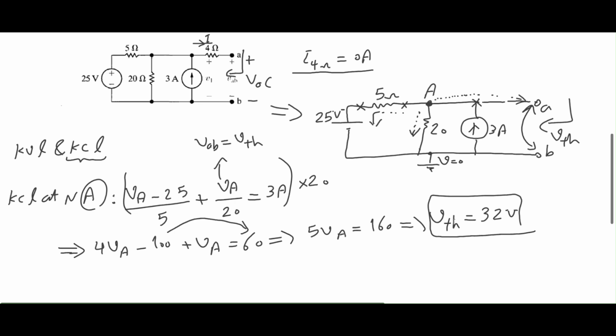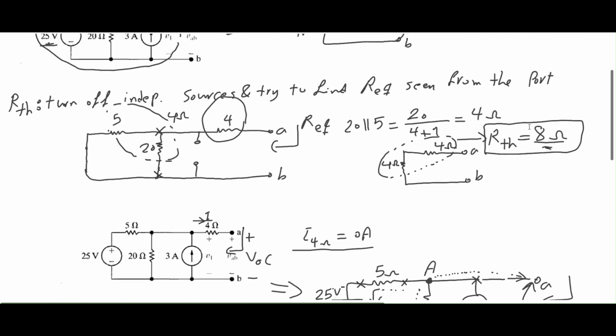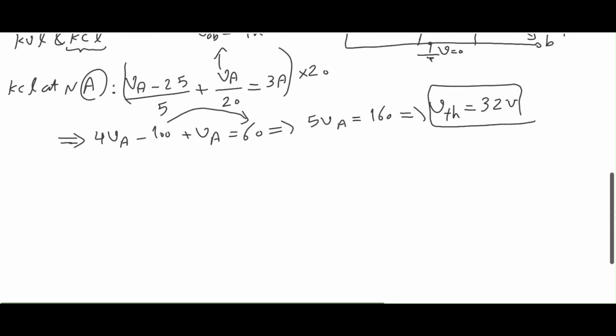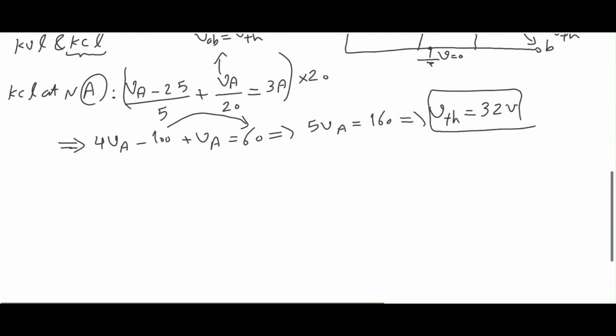Thevenin voltage is 32 volts, and if you remember, our Thevenin resistance is 8 ohms from this point, okay? So my circuit is now 32 volts in series with 8 ohms, and then I have port AB.